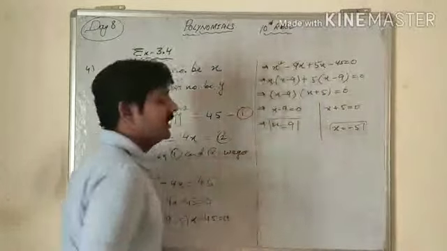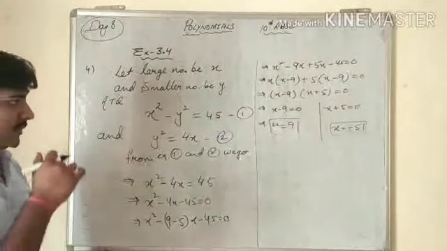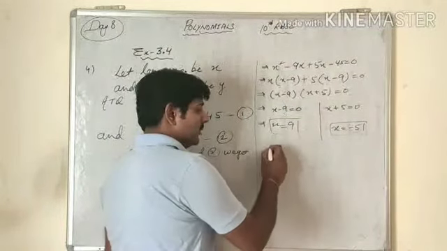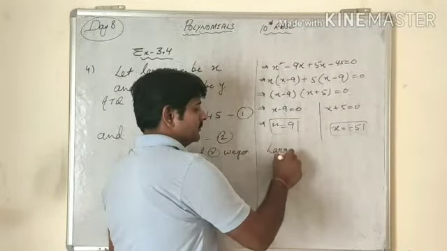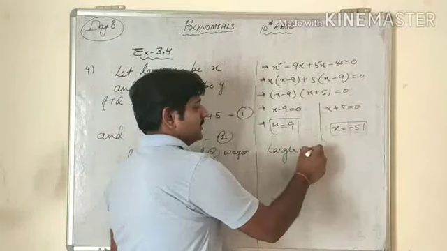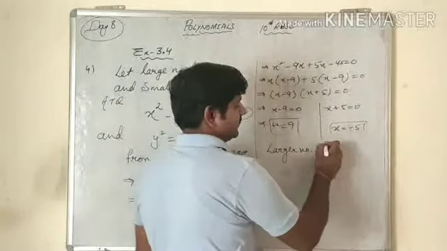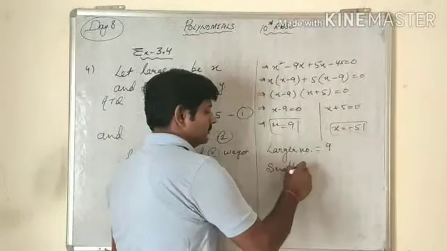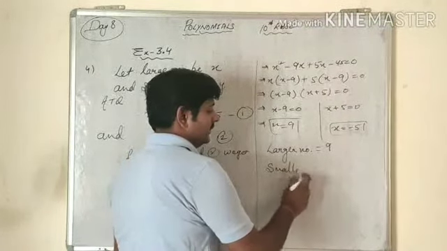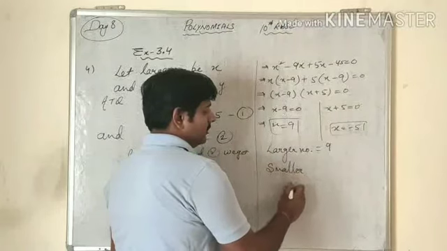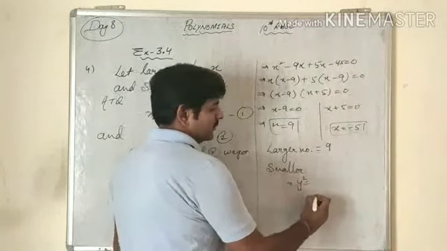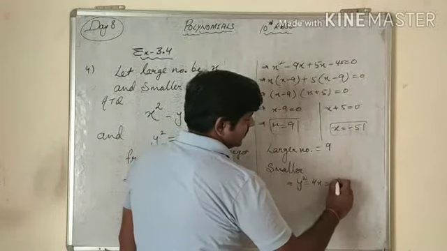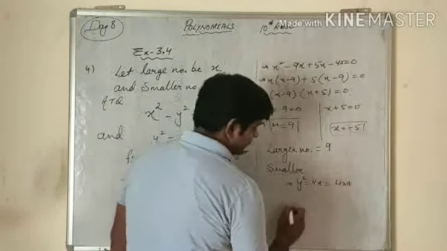So the numbers given are positive, so we can say the larger number is 9. To find the smaller number, we use y square equals 4x, which means 4 into 9.